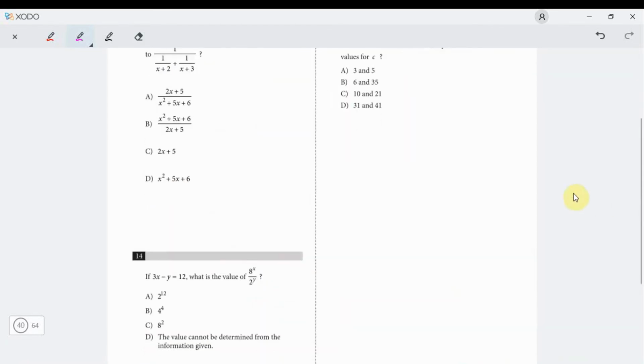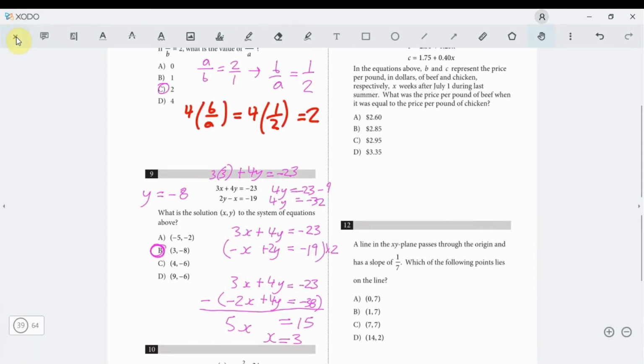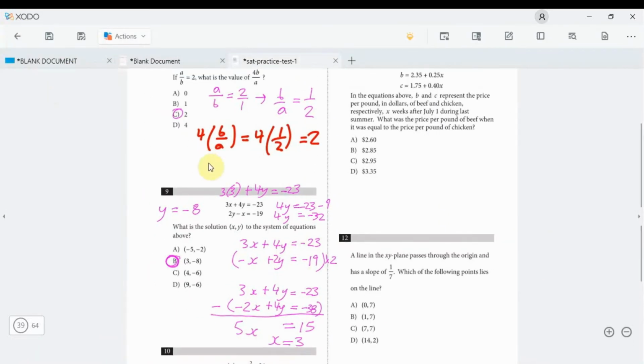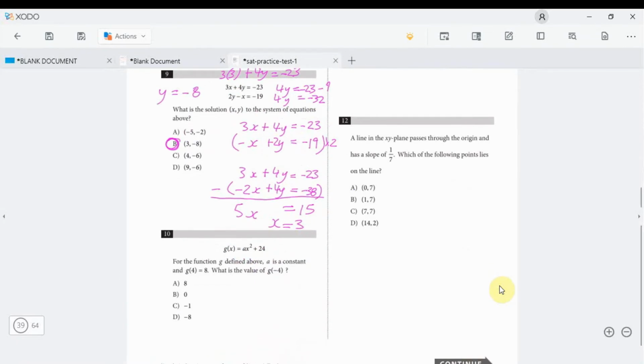Question number 10. Sorry, let me zoom back out. Question 10 says g of x is equal to ax squared plus 24, and g of 4 is 8. What's g of minus 4? First thing, they told us g of 4 is equal to 8.